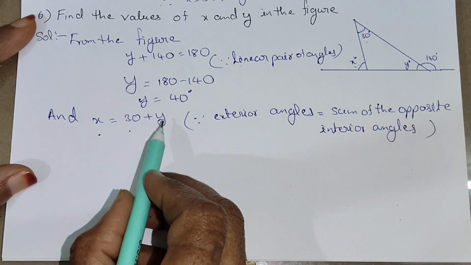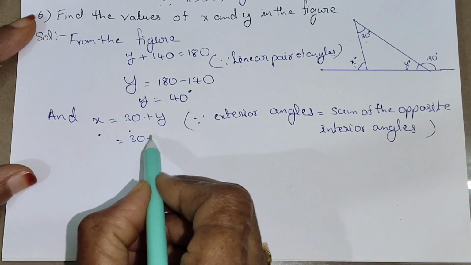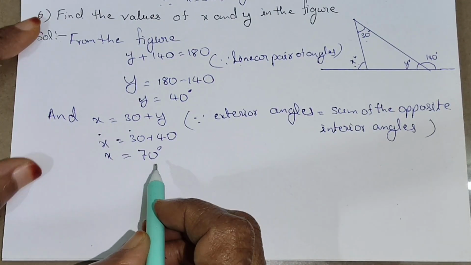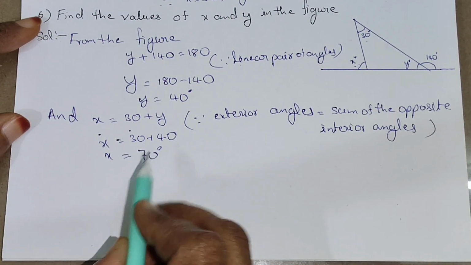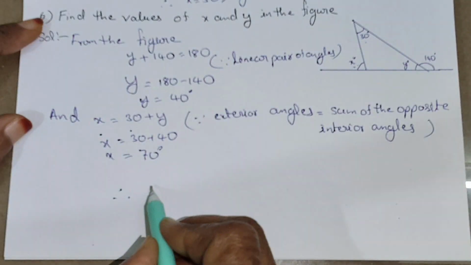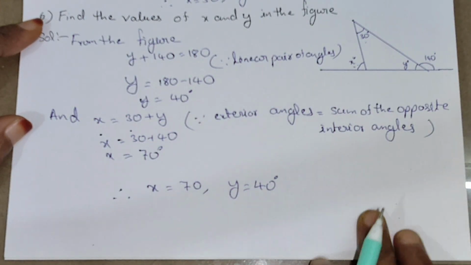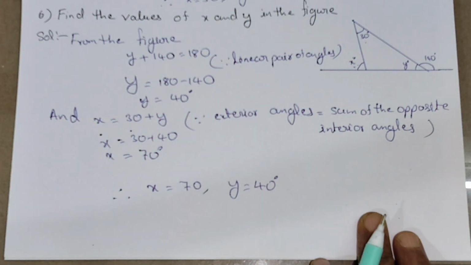So x equal to 30 plus y. Here y equal to 40. 30 plus 40, so x equal to 70 degrees. Here asking x and y values. Therefore x equal to 70 degrees and y equal to 40 degrees. This is the sixth one, complete answer.